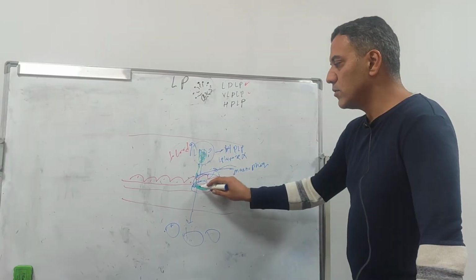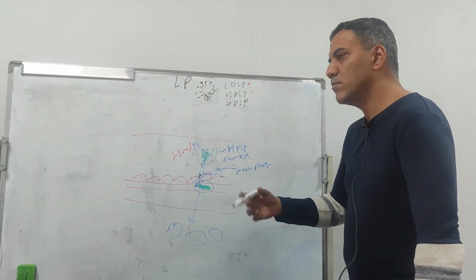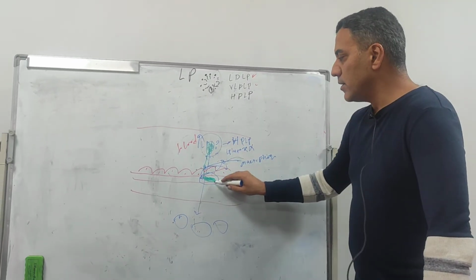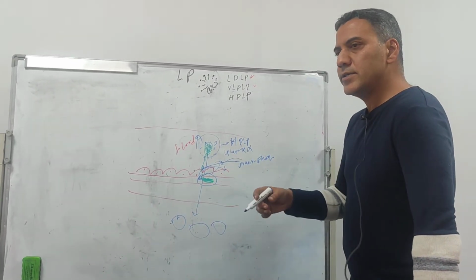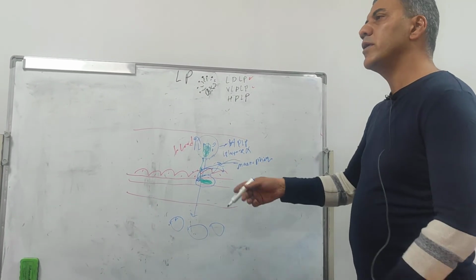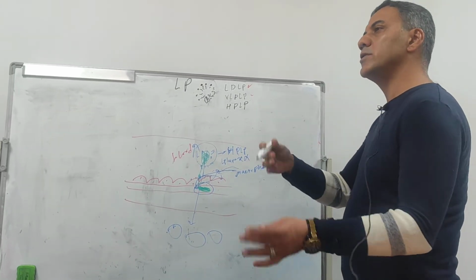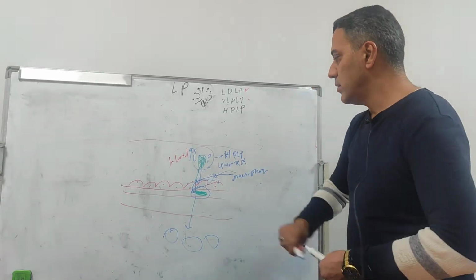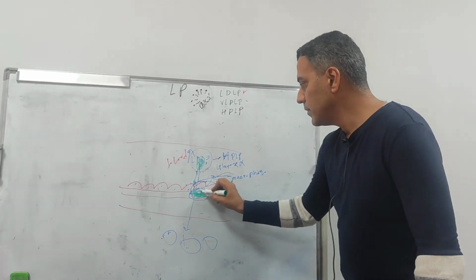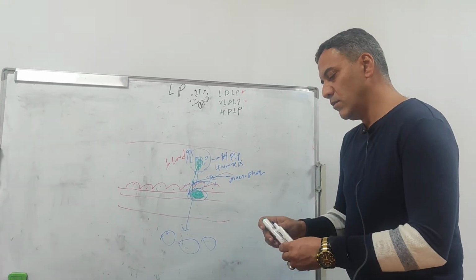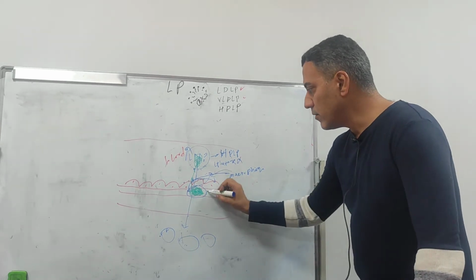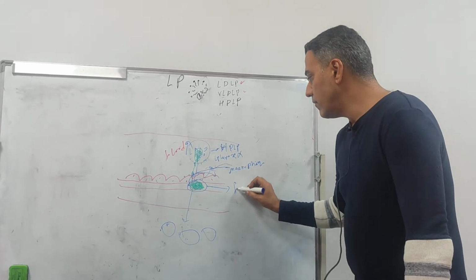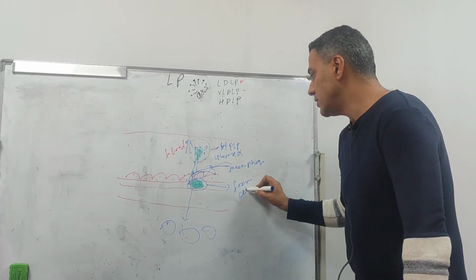Macrophages digest microbes and foreign bodies by the pro-oxidation mechanism. But fat is already a pro-oxidant. So how can you pro-oxidate a pro-oxidant? You cannot. That's why fat becomes accumulated inside the macrophage. We call this cell a macrophage containing fat.